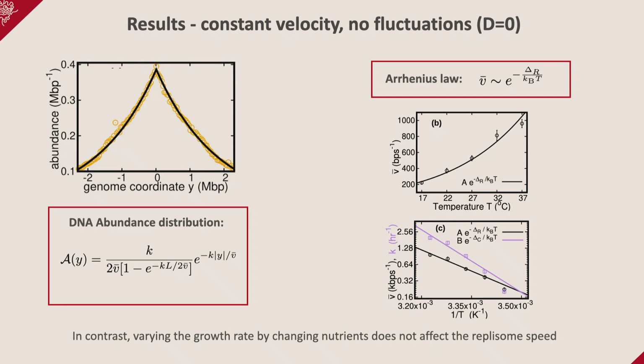So this makes sense because this essentially is telling you that if you increase the temperature, the growth rate grows faster than the speed of replisomes, which means that essentially replisomes cannot catch up with the speed up of the growth rate. And this is a good justification of the fact that this multi-round replication system is necessary.